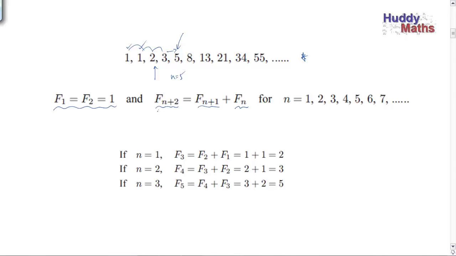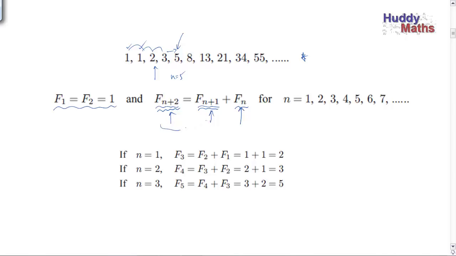So you get the n plus 2th term. Nothing to do with dentistry there. Small joke. By taking the preceding terms: look, n plus 1 is the one before n plus 2, and the nth term, n there, is the one before this one.